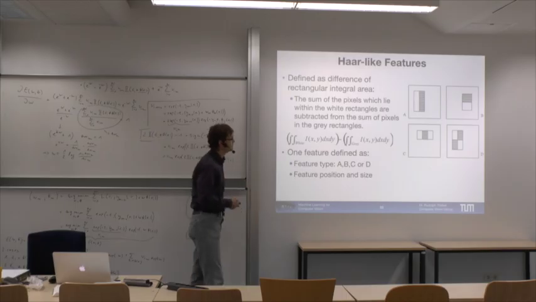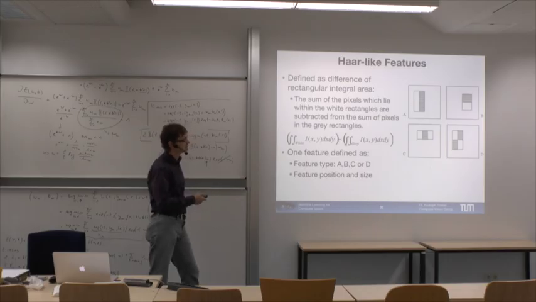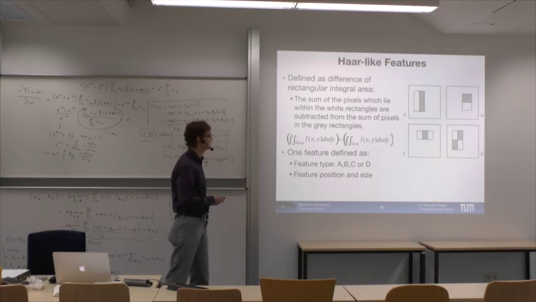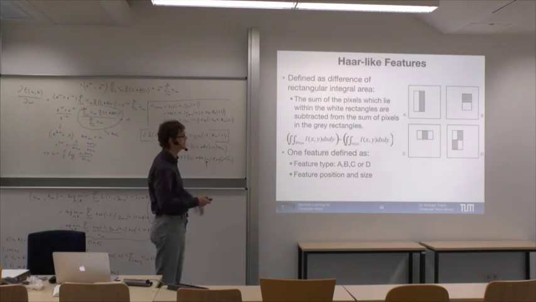These are the so-called Haar-like features. These are features that are simple rectangles in your image, and you use one part, for example, of your rectangle to sum it up, and the other part to subtract it. Right? This is just a way of computing a feature from a small rectangle. You sum up all the pixels in this case, and you sum up the other ones, and then take the difference of these two.